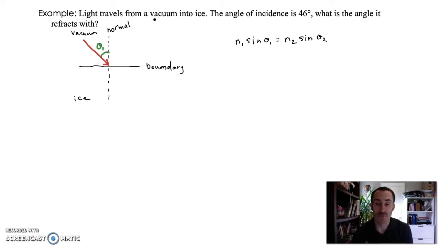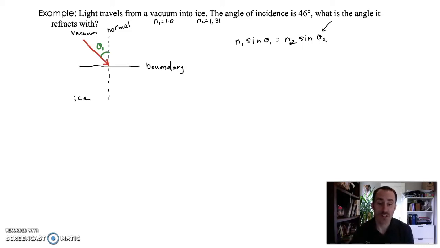The vacuum, n1, is 1.0. Okay, and ice, n2, is equal to 1.31. That just comes from your formula sheet. And so now we know n1 and n2. We also know the angle of incidence, theta 1, is 46 degrees. So what I'm trying to solve for is theta 2 over here.